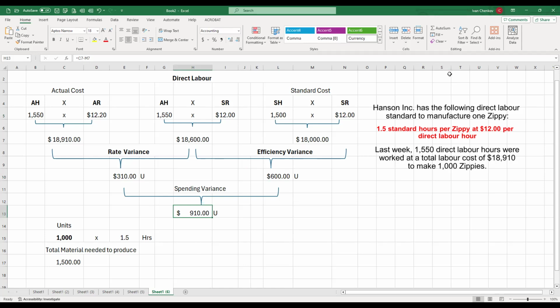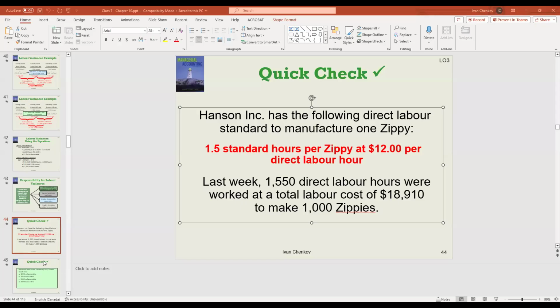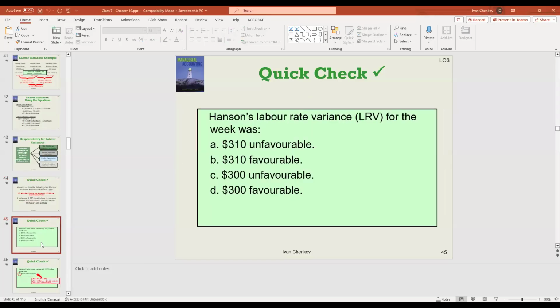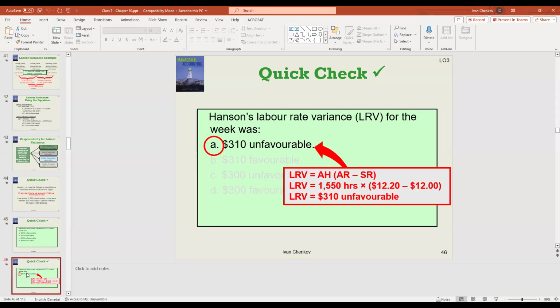Now let's move to the slides and finish the slides with variance. So the question is, what's our labor rate variance? How much was it? 310 unfavorable. Yes, that's correct.